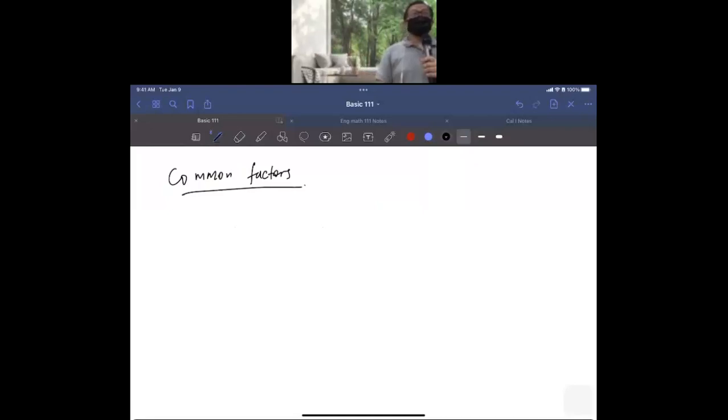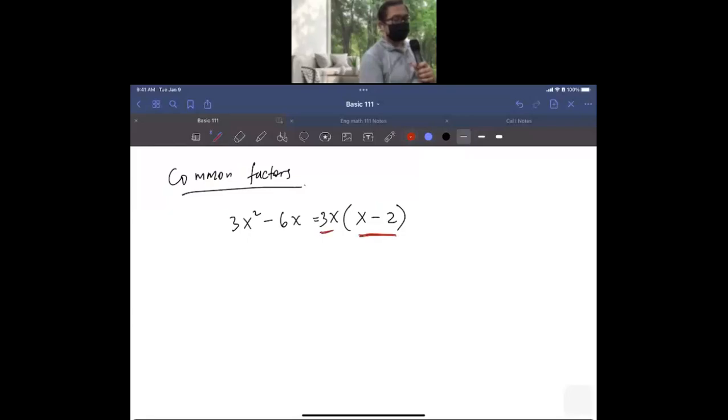We have not yet discussed functions. So let me just write some equation here. If we want to know these factors, the easiest way is the common factors. Like we can just take out this x and maybe 3, and this will be x minus 2. So we know that these two are the factors.